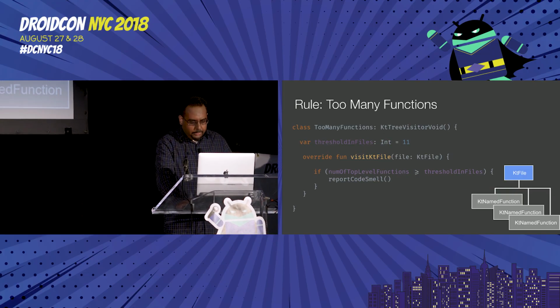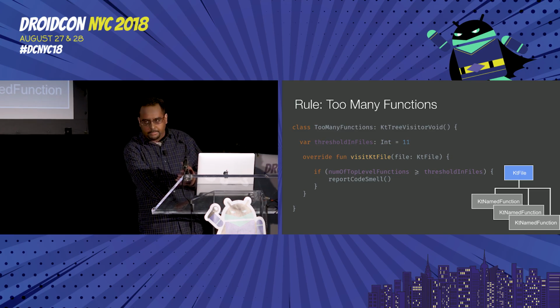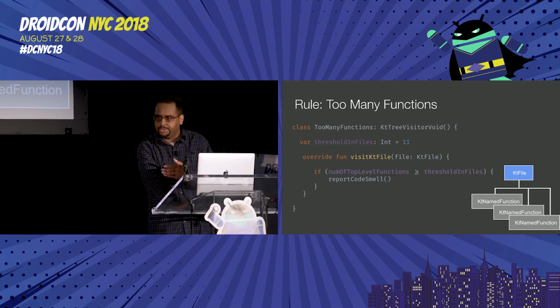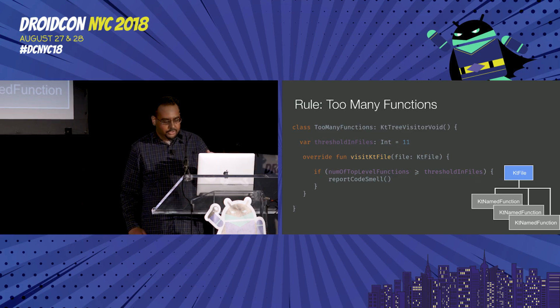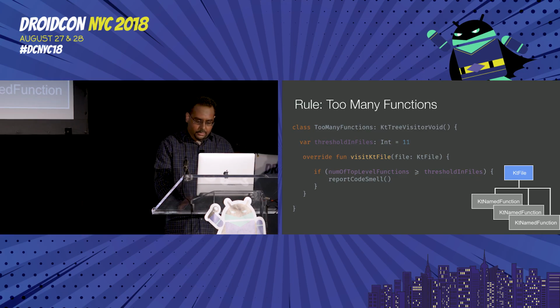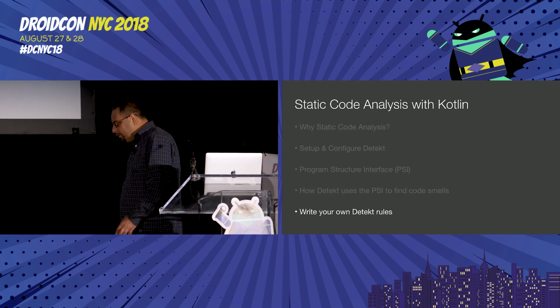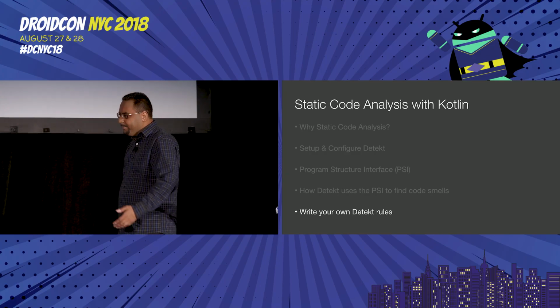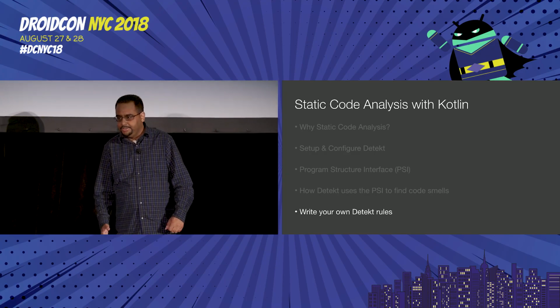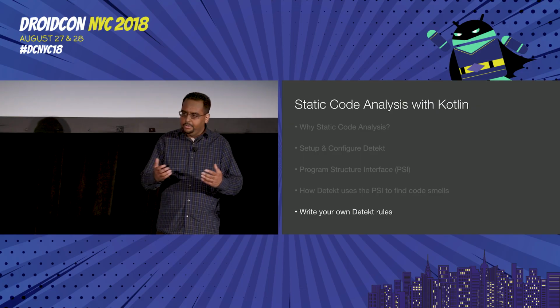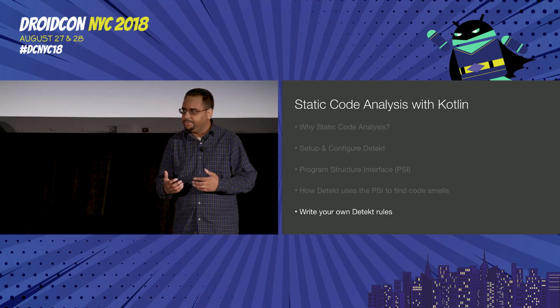I'm going to keep doing that until I hit my root node, which is the last node that I'm going to traverse. And then I'm going to report a code smell if you surpass the limit that you specify. So that right there is how Detekt implements the existing rules that it has. These are not my custom rules. If you look at the source code, you'll find this implementation.